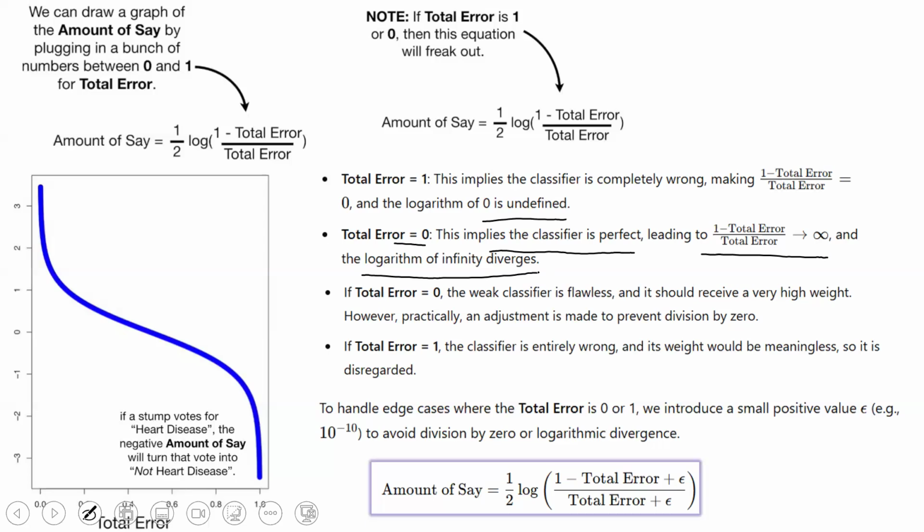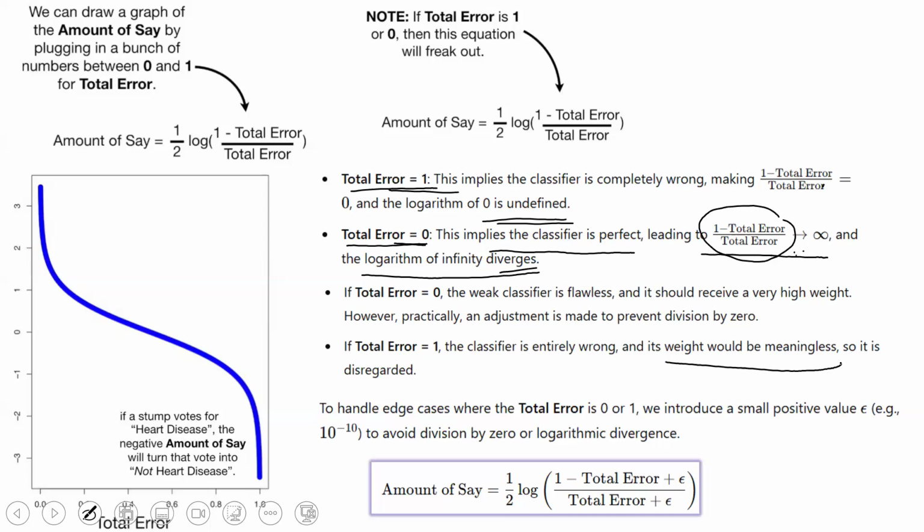So if you look at this, when total error is equal to 0, that particular stump should have a higher amount of say. But the mathematical equations are freaking out because you're getting infinity and the logarithm of infinity diverges, right? When total error is equal to 1, the classifier is not doing good at all, it is doing completely wrong. In that case, the weight for that particular stump is meaningless, so we need to disregard that.